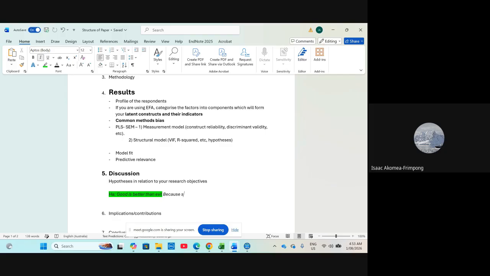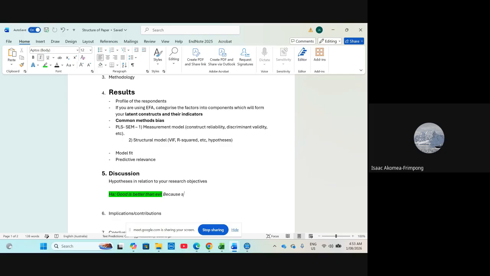I can say that King conducted a study 5 years ago, and King found that indeed good is better than evil. Therefore, this result that I got in section 4 of my study confirms King's already existing study, which said that good is better than evil.